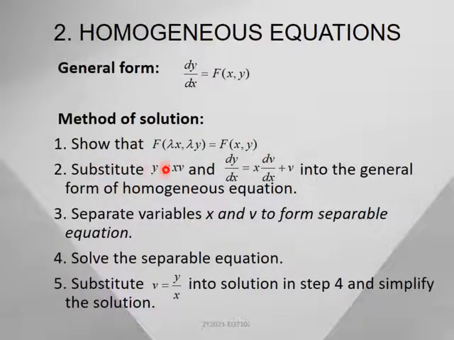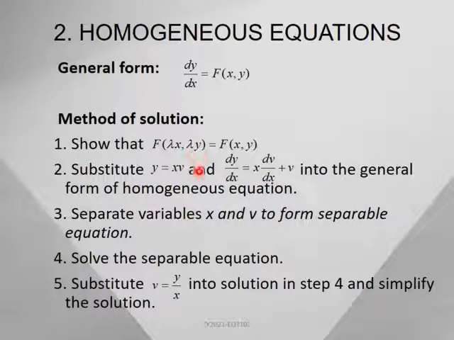Next is the method to solve it. We start by substituting y equals xv, and dy/dx we substitute with x dv/dx plus v. We substitute this in the given equation. Next we separate variables x and v to form a separable equation.